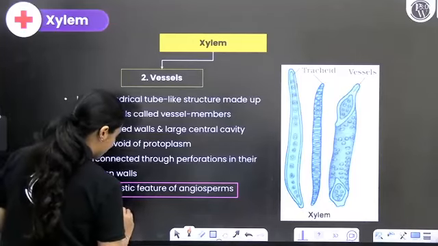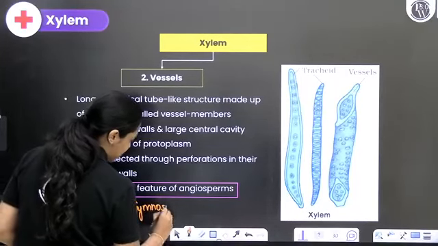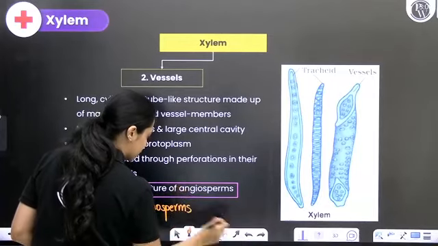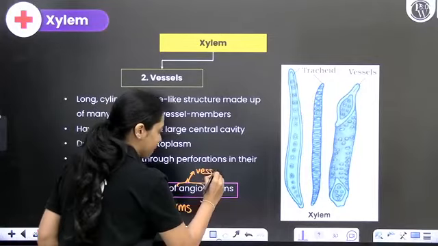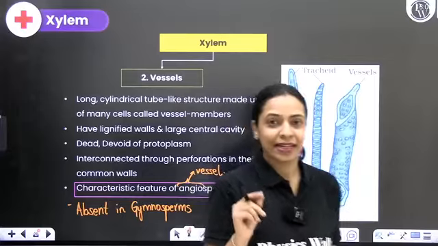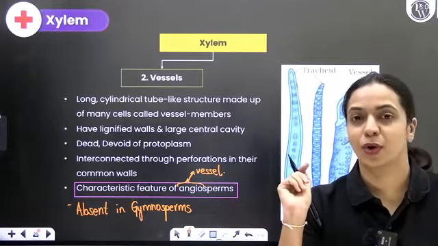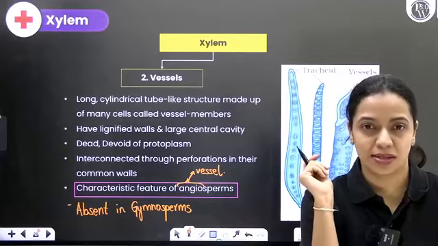So, absent in gymnosperms. In fact, angio means vessel. Seeded plants containing vessels are called angiosperms. You've learnt in body fluids and circulation probably angiogram, angioplasty, all that, right?